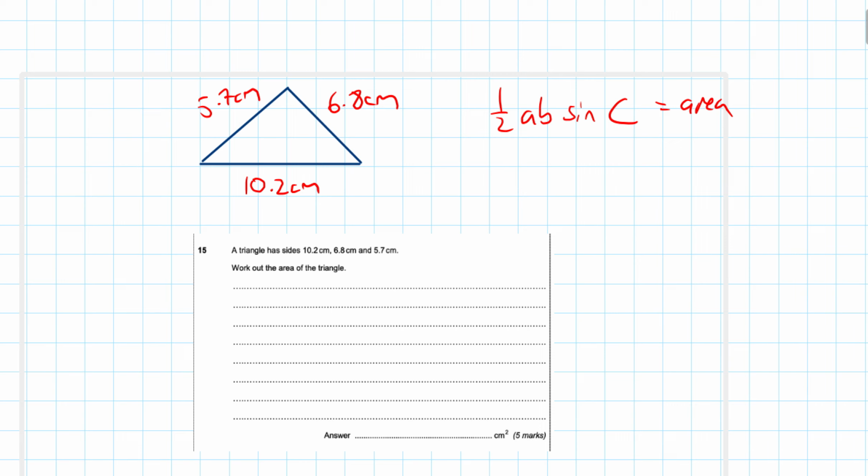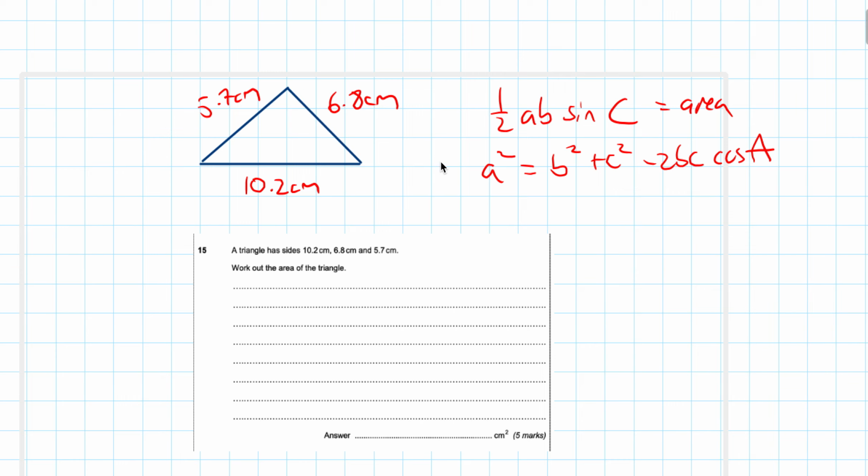So to find an angle, we can use the cosine rule, which is a squared equals b squared plus c squared minus 2bc cos A. The reason why we pick this rule is because it uses 3 of the sides but only 1 of the angles, and having known we've got 3 sides, we can use this equation to find what one of the angles will be.